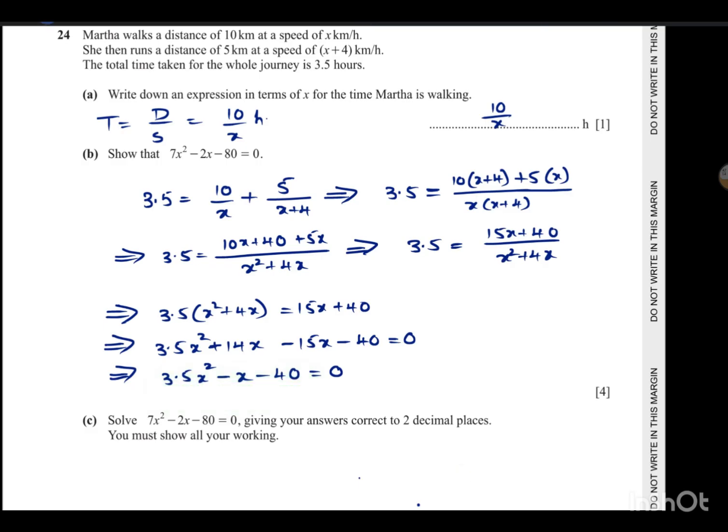So the next step you will write here, multiplying by 2, you get 2 into 3.5, that is 7x square minus 2x minus 80 is equal to 0. Question number A and B is done.